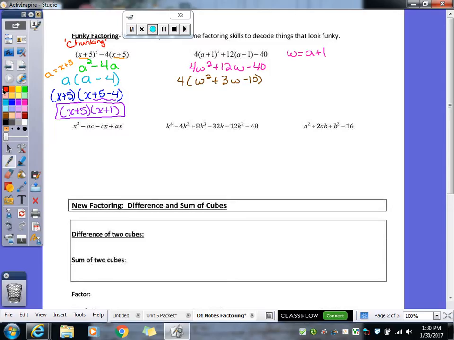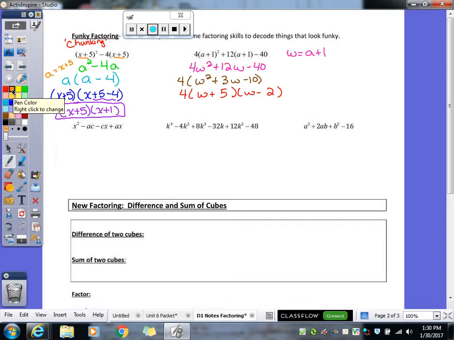So inside of our parentheses, what kind of factoring do we have now? Trinomial. So we're going to have a W plus and a W minus. And then what multiplies to give us 10? 5 and 2. Which one would be our positive? 5. And there are 2 here. So then again, we just need to go back, because we factored this as much as we can.